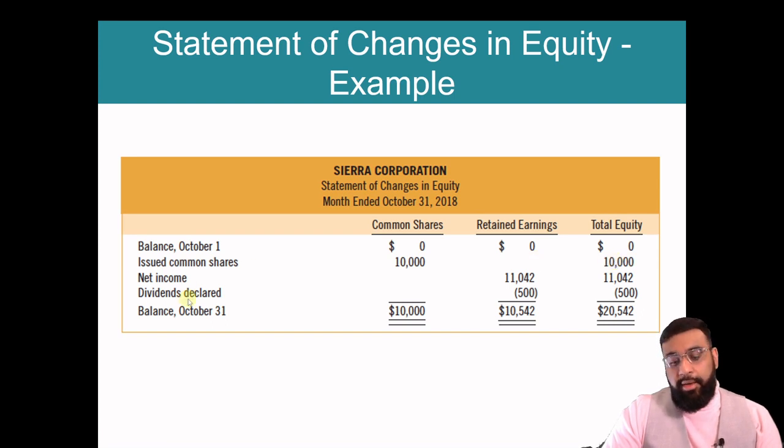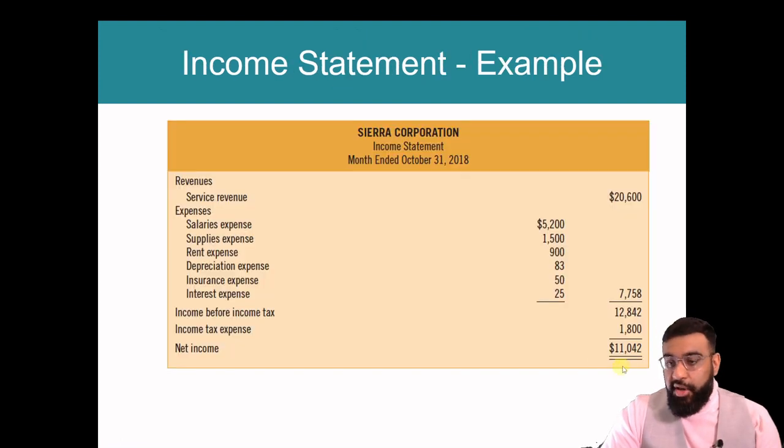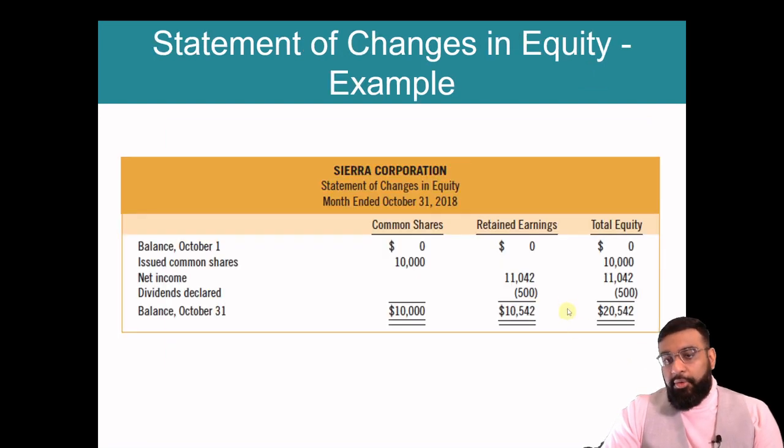Now we have net income. I'm going to show you something right now. The net income of 11,042 actually comes from the income statement that we prepared already. This has nothing to do with common shares, so we leave that blank. Then we take the dividends that the company declared throughout the year, which is negative 500.